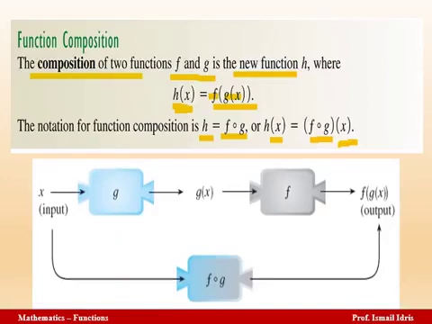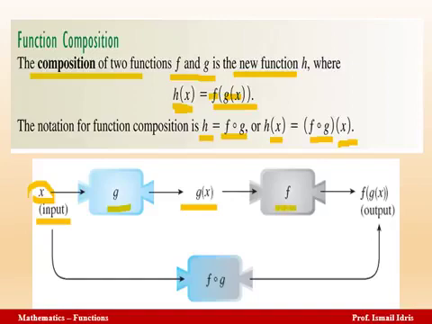Again, to explain composition of two functions, consider it as a machine where you start with x. It's like the input in that machine. Then you apply g first to get g of x.